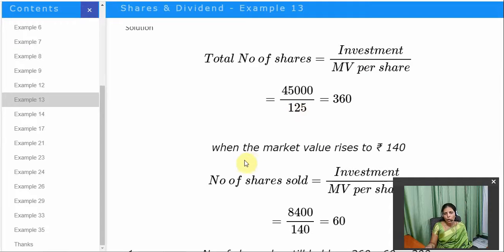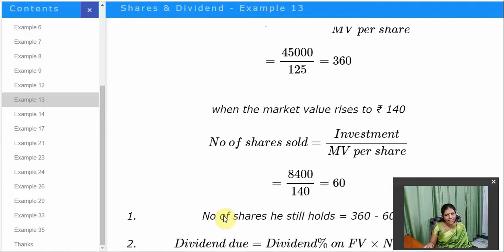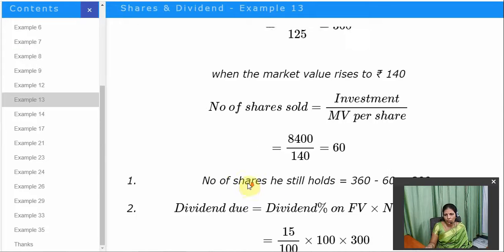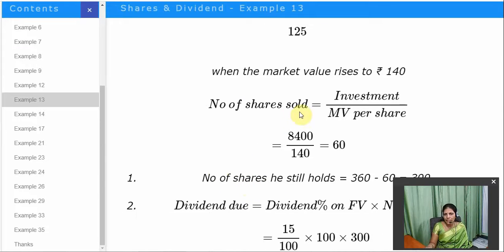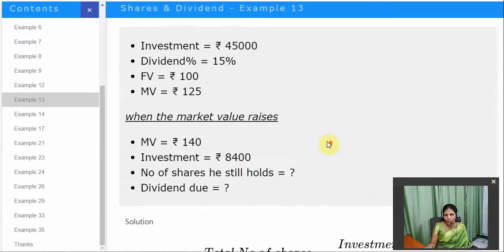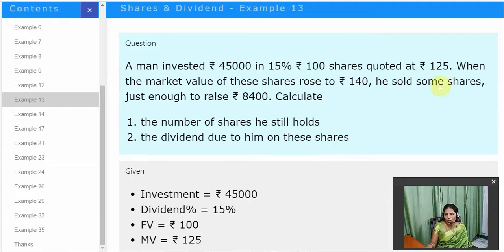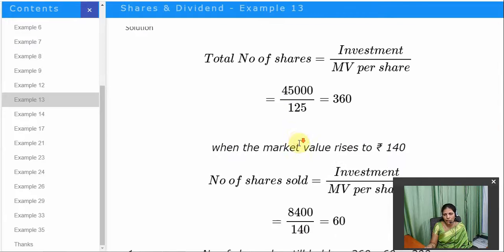Now when the market value rises to 140, he is selling some shares. So how many shares is he selling? We want to find that out.